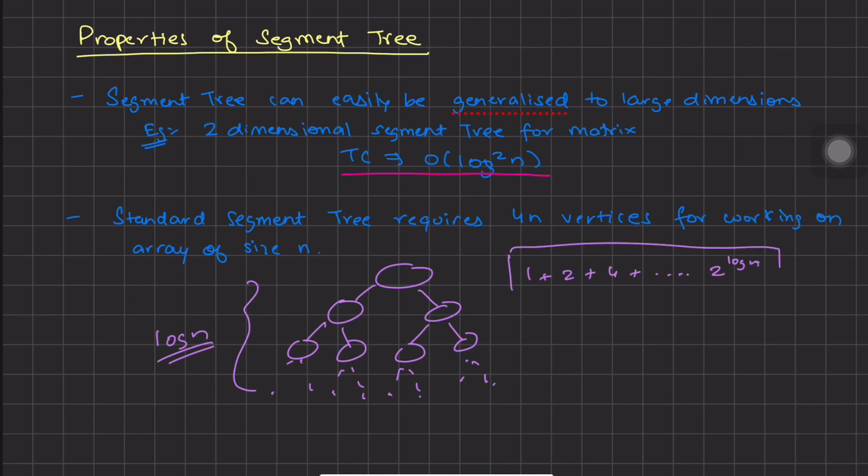So this will be the number of nodes that we'll be having in the segment tree, which is less than 2 to the power log n plus 1. And this is less than 4n. So that is how I can say that a standard segment tree requires 4n vertices for working on an array of size n.